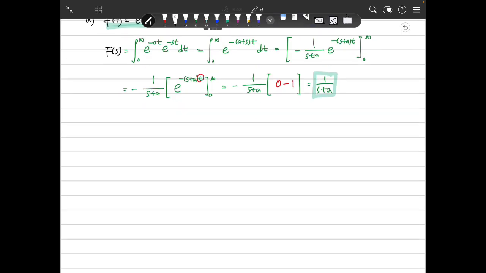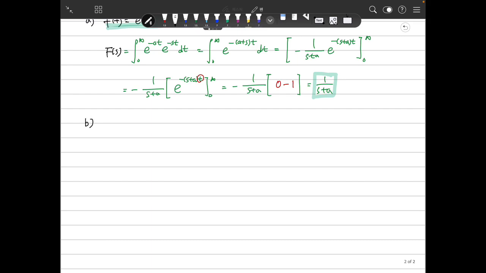We will deal with the other forms. Another example: g(t) is exponential minus at, but the difference is u(t).